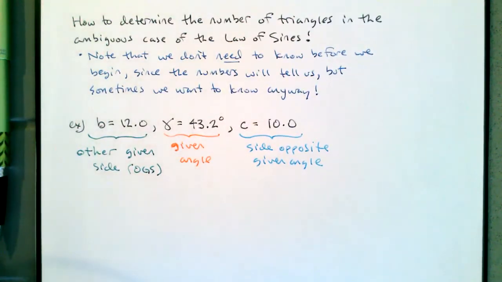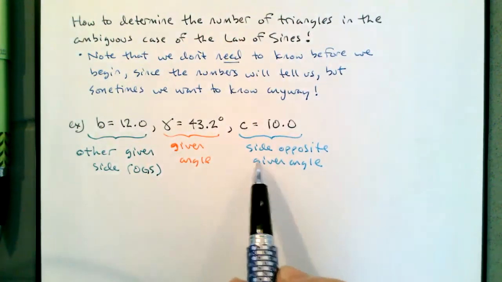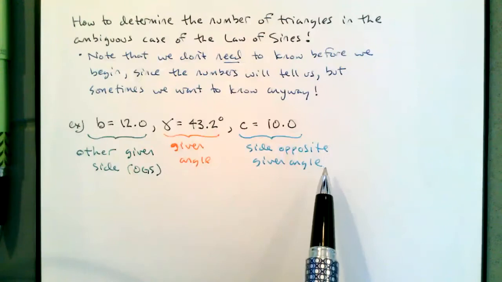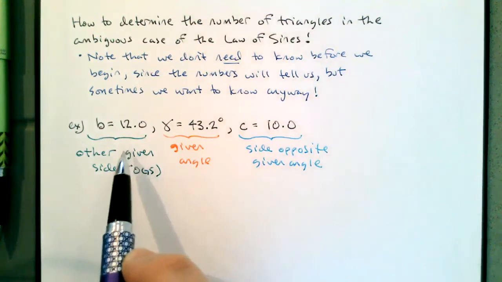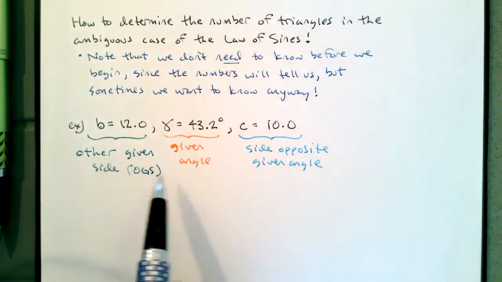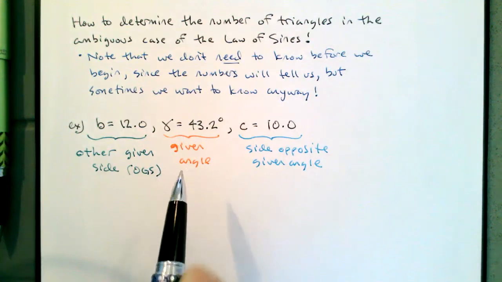To calculate the height: the number of triangles is determined by how the side opposite compares to the height of the triangle. The height of the triangle is always going to be the other given side multiplied by the sine of the given angle.